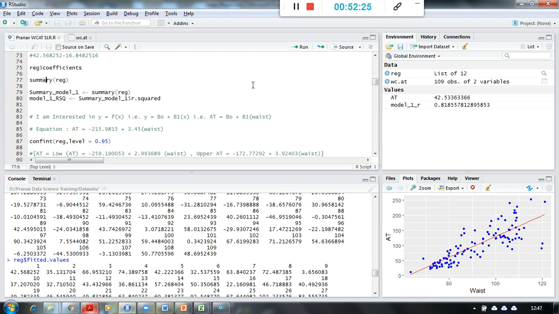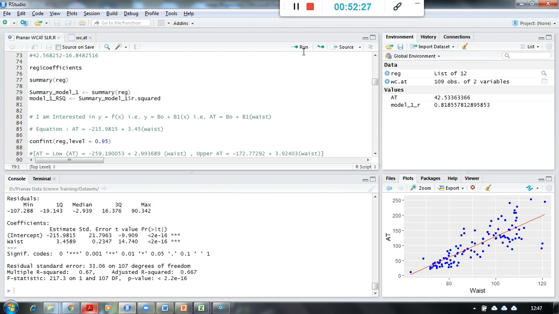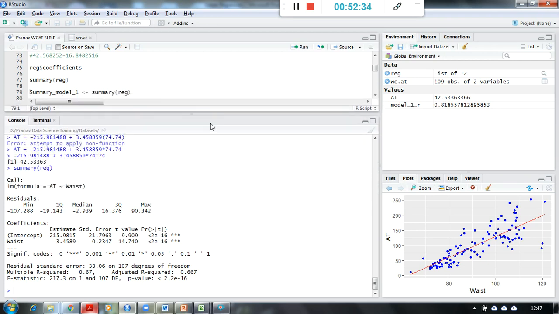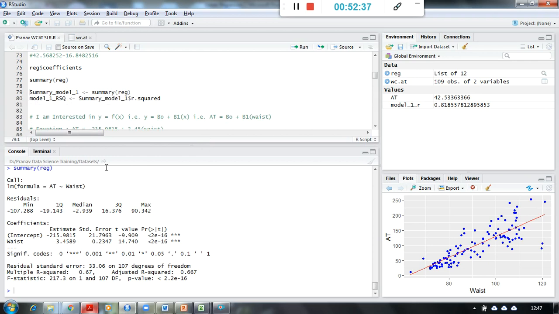Now let us understand some more parameters by looking at the summary. This is the summary of my model, and if you see the summary of reg, that is my model name, the formula was y tilde x. My minimum residual, that is error, is minus 107, and my maximum error is 90, which means this is not a good model, because this is the difference between my actual y versus my fitted y.